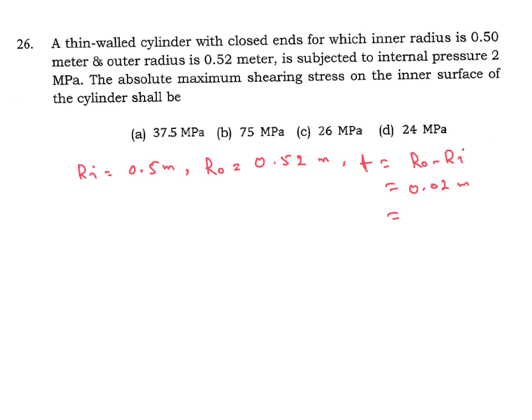Multiply with 1000, 20 mm. Pressure how much? It's 2 MPa. 1 megapascal equal to 1 Newton per mm square. So it's 2 Newton per mm square.